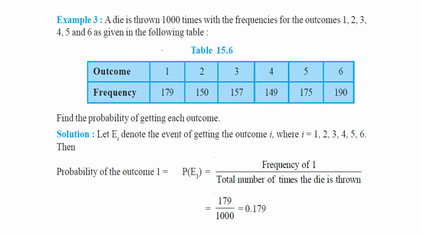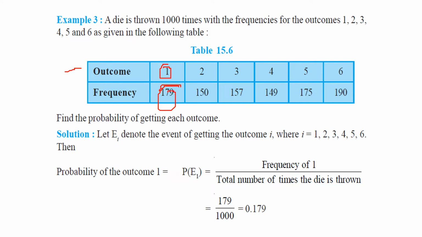A die is thrown 1000 times with the frequency for the outcomes 1, 2, 3, 4, 5, 6 in this table. So the outcome is 1 to 6 and the frequency is this. We have to find the probability of getting each outcome. So how to get this? We know that the probability of outcome 1 is the frequency divided by the total number of trials.